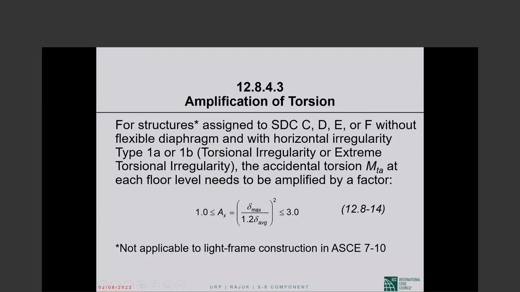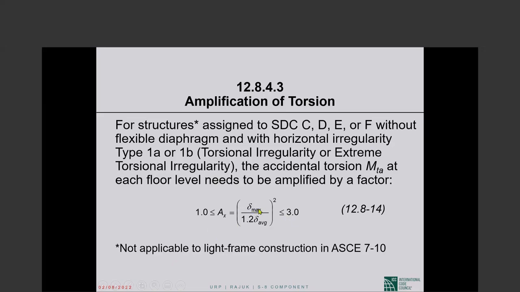So you have to design torsionally irregular buildings for the inherent torsion plus the accidental torsion amplified by the torsional amplification factor given here, and that factor can be up to 3.